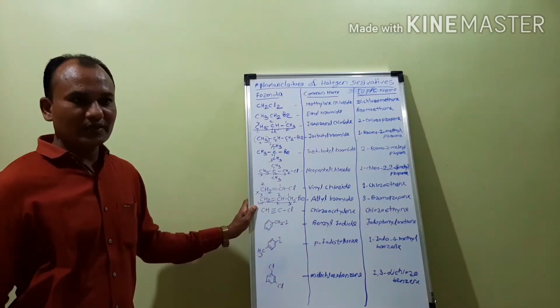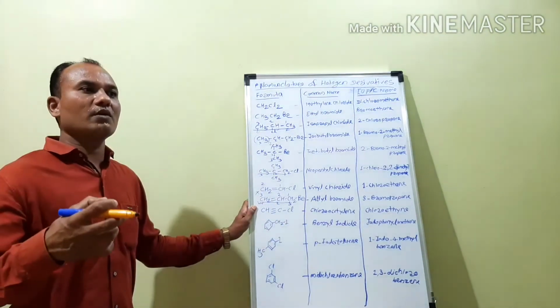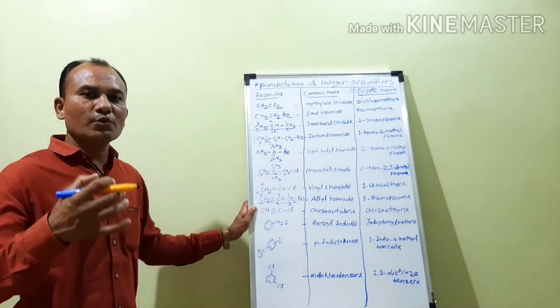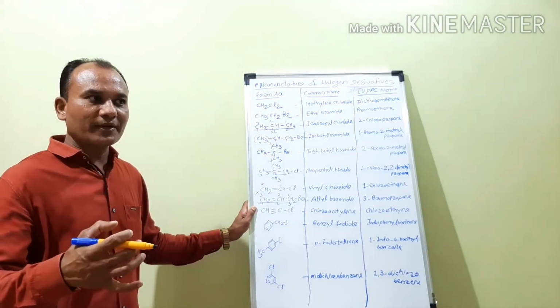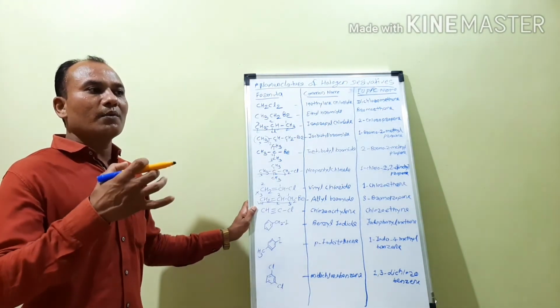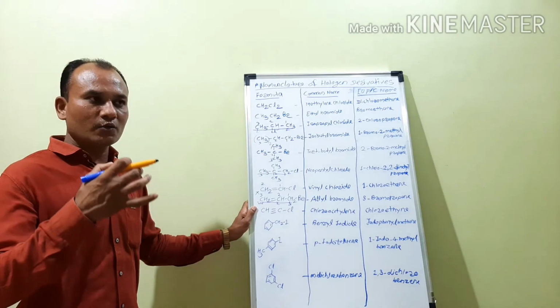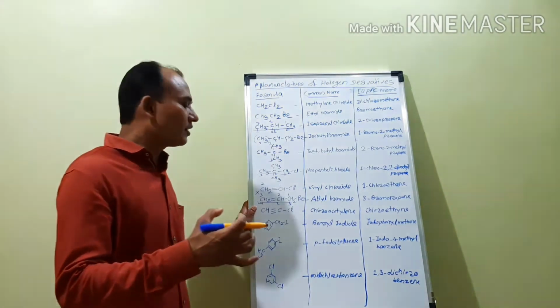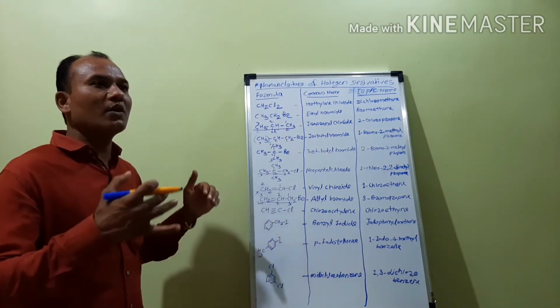Why? Because when there is a multiple bond present, when you are giving the numbering, you have to give preference to the multiple bonded carbon atom, because it must have the lowest possible number.